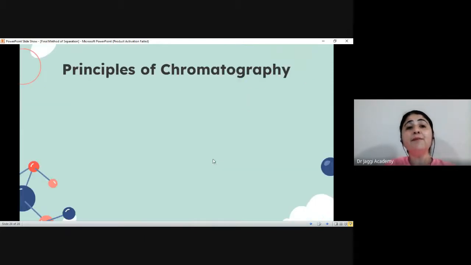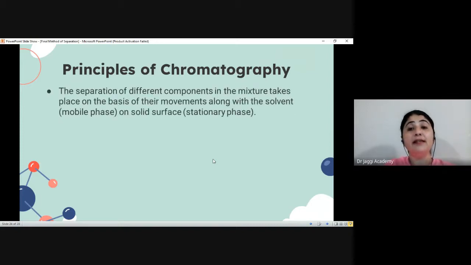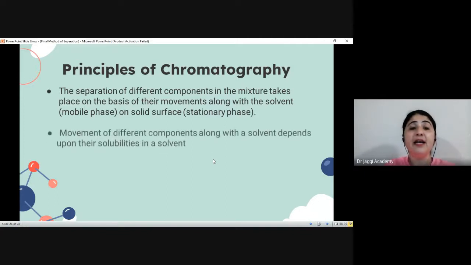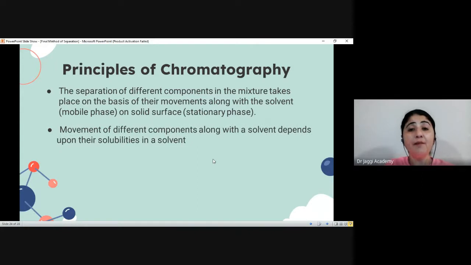The next is the principle of chromatography. Chromatography works on the principle that the separation of different components in a mixture takes place on the basis of their movement along with the solvent, known as the mobile phase, on the solid surface, known as the stationary phase. The movement of different components along with the solvent depends upon their solubility in the solvent.